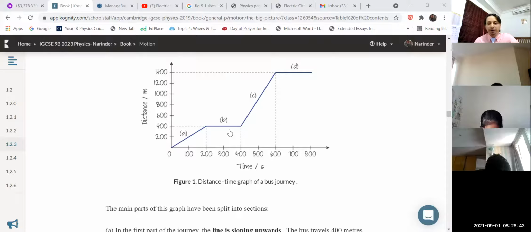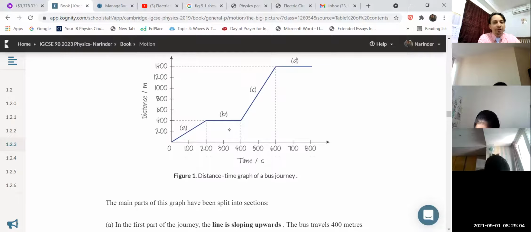From graph C, find speed. I told you, children, to calculate speed you need to calculate gradient in the time interval of 400 to 600 seconds. May I know the answer, children? Gradient. You can type your answer in the chat box, children, and let me also do the gradient in section C. We are doing rise over run.